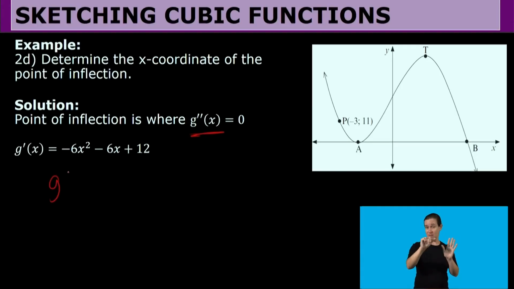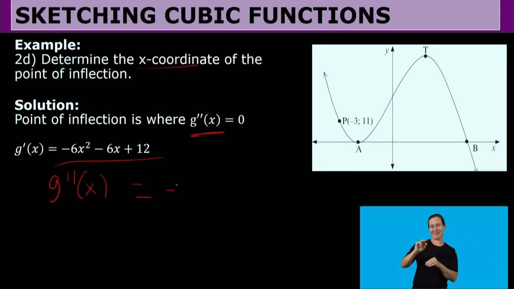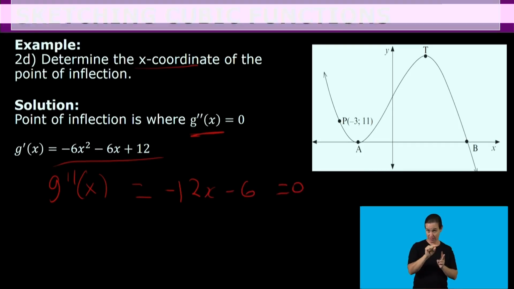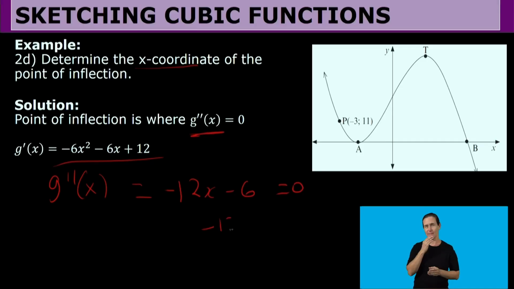So to find the second derivative, I need to take the derivative of this expression and make that equal to 0, and that will help me to find the x value at the point of inflection. So this will be minus 12x minus 6 is equal to 0. Therefore, solving, minus 12x is equal to 6, and x is equal to negative a half.